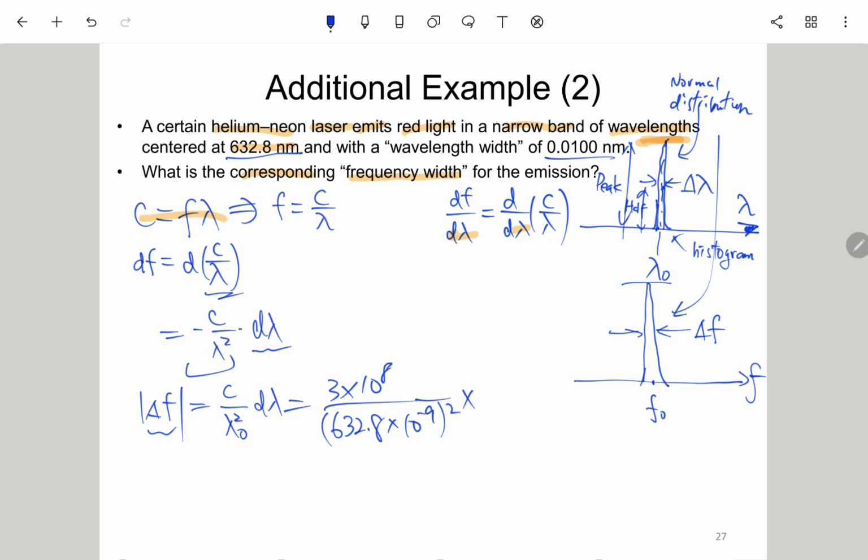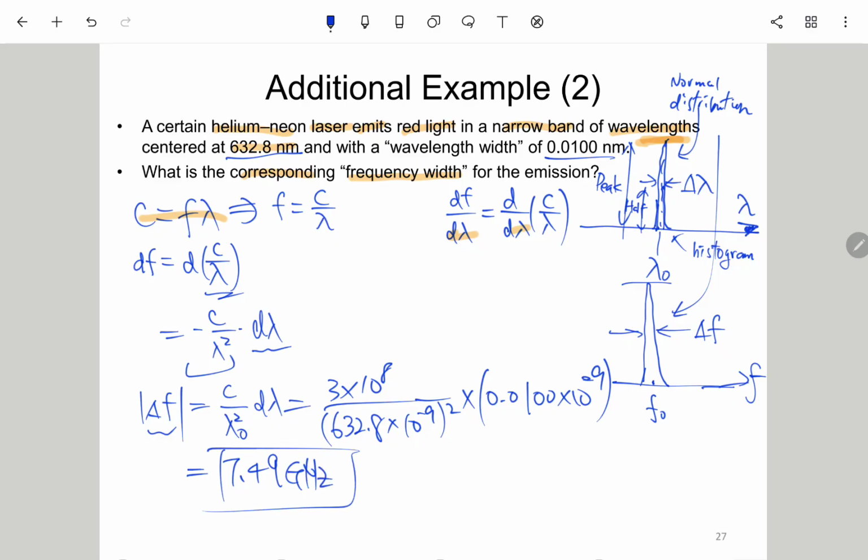And then d lambda is this one, 0.0100 times 10 to the negative 9. Okay, so you can just press the calculator. You can see that this is 7.49 gigahertz.